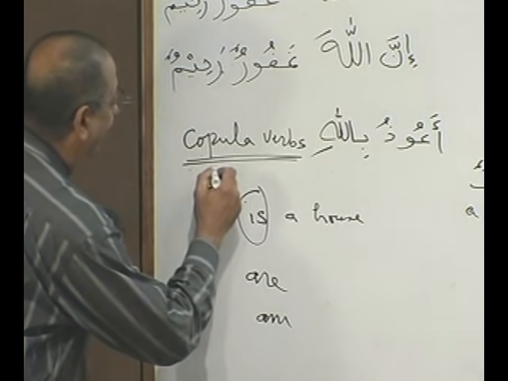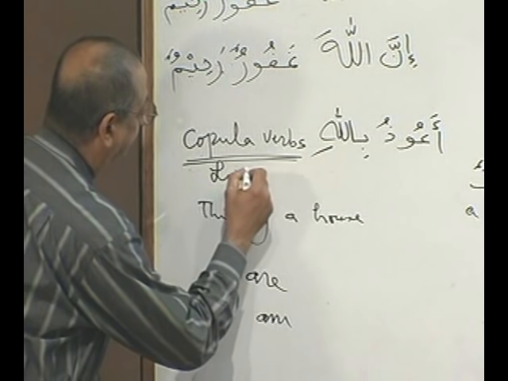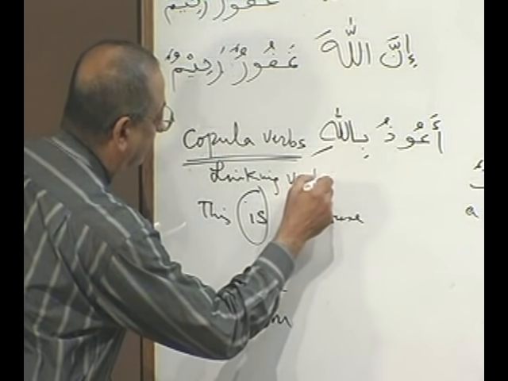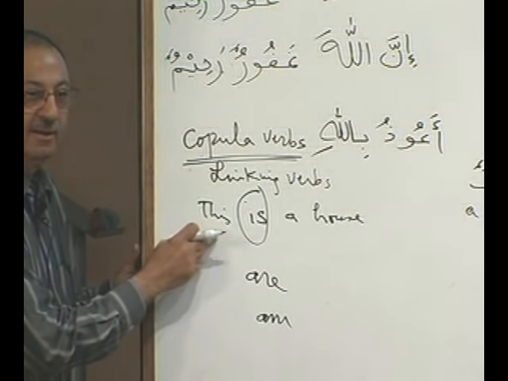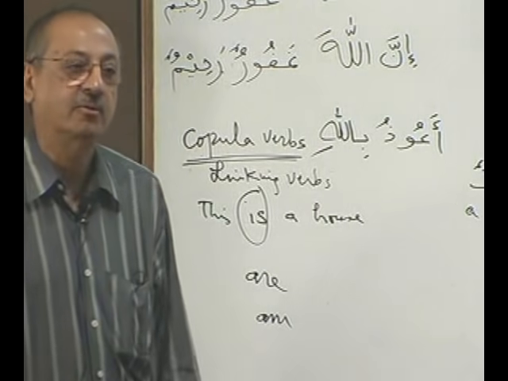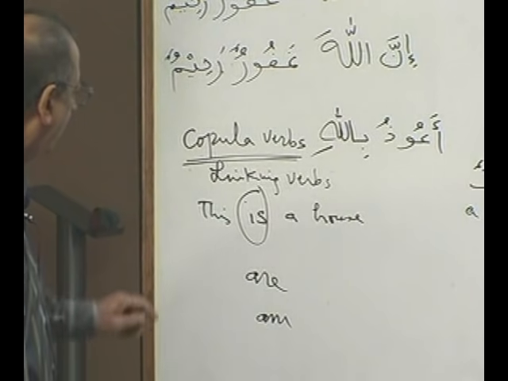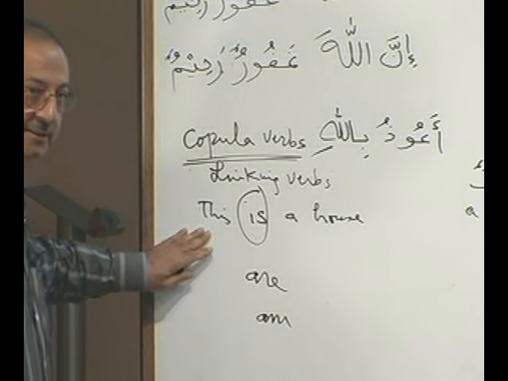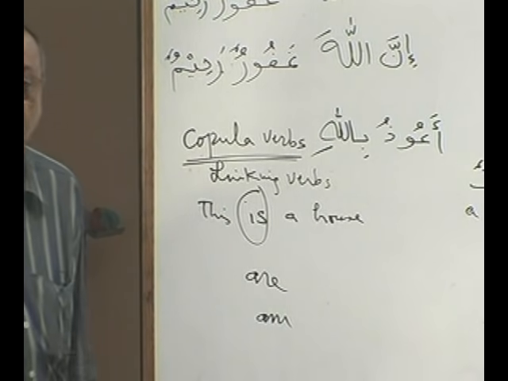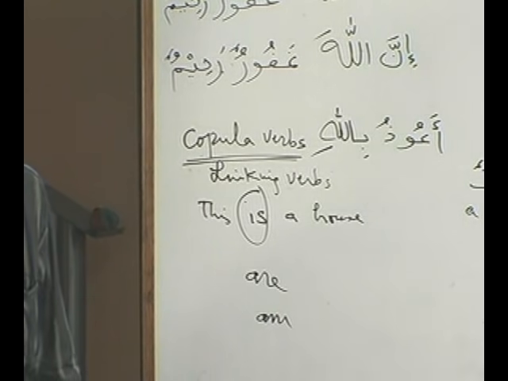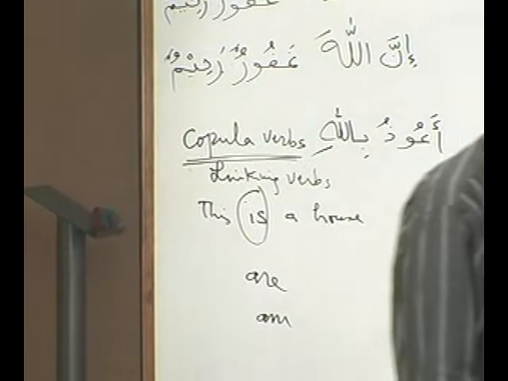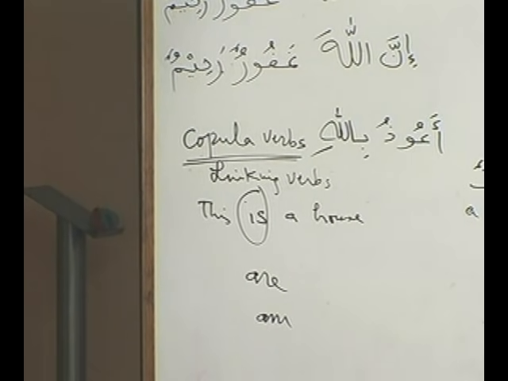It means they are linking verbs. They link one noun with another noun, or they link the subject with the other noun. They do not exist in the Arabic language. They are not there. There is no need.